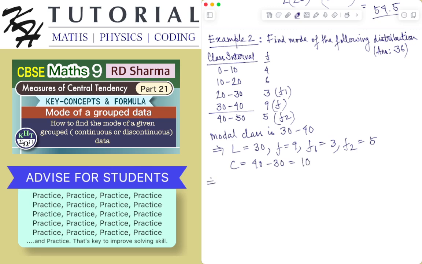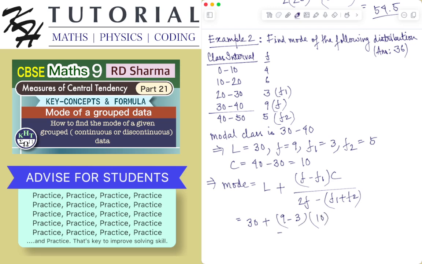So now we can easily find the mode to be equal to L plus (f minus f1) multiplied by c divided by (twice f minus f1 minus f2). This is equal to L is 30 plus f is 9, 9 minus 3 multiplied by c is 10, divided by twice 9 minus f1 plus f2, which is 3 plus 5.